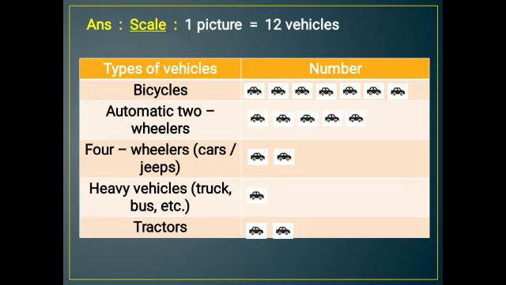So heavy vehicles are 12, so we will draw only one picture. And next is the tractors, that is 24. So 12 twos are 24, so we will draw only 2 pictures of the car. Understood? So like this we have to draw the pictograph table.